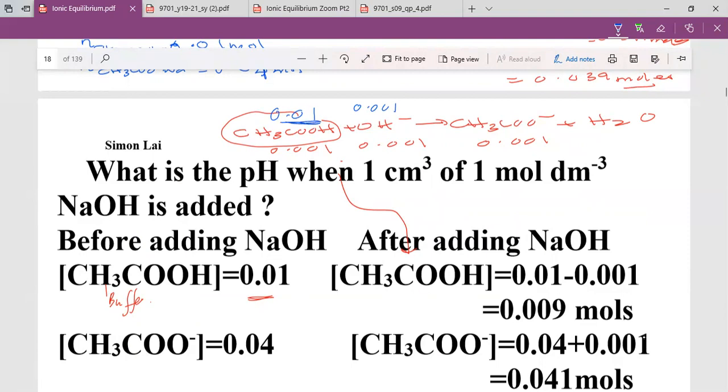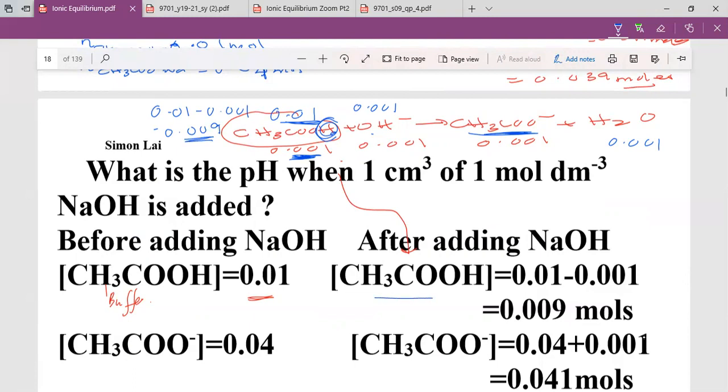So of course, what is formed? When this reacts, the OH minus will react with the acid here to form water. That means 0.001 water here. And of course, when this one comes out, your base is formed. But this one will reduce to how much? It will reduce to 0.01 minus 0.001, which is 0.009.